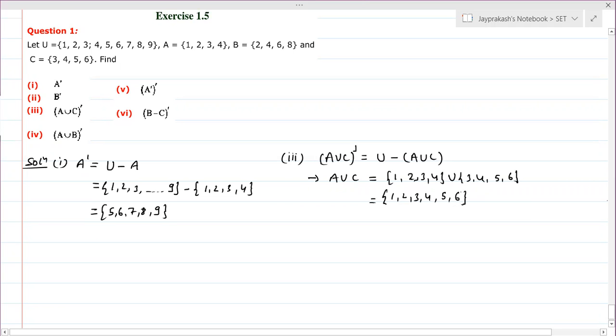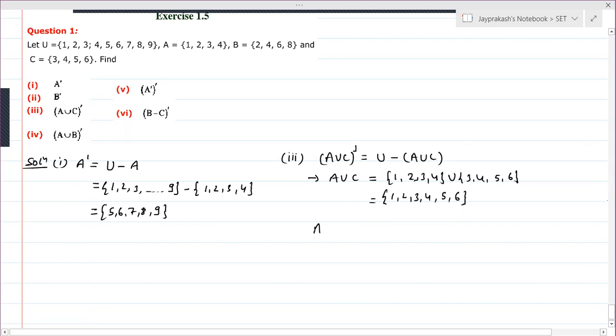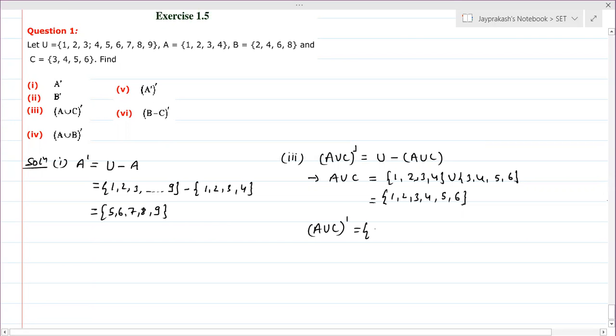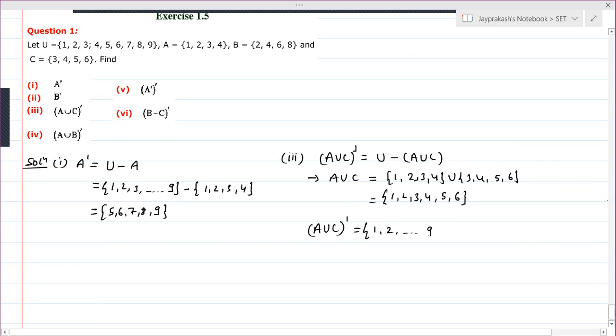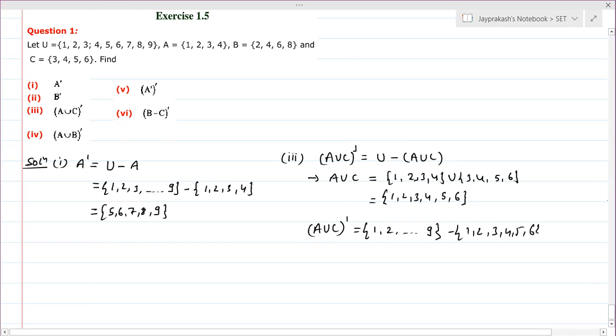If an element is repeating, we write it a single time. Now the complement of A union C means we subtract the elements of A union C from U. From 1 to 9, we subtract these elements, and the remaining elements are 7, 8, and 9.